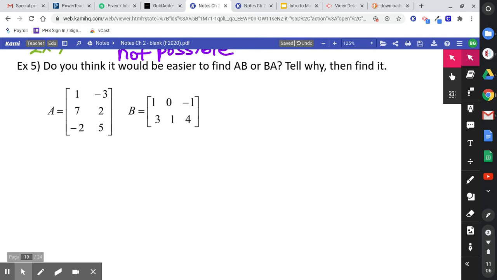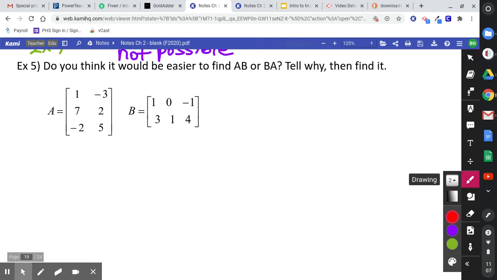So number 5 says, do you think it would be easier to find AB or BA? Okay, so think about that for a second. AB or BA? Well, it might be the size that determines that.